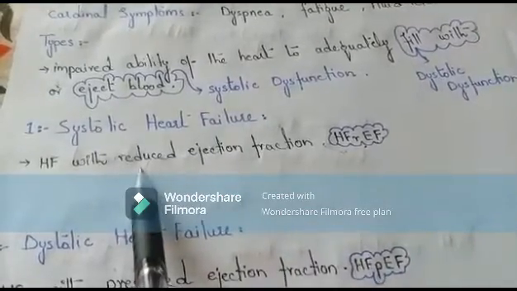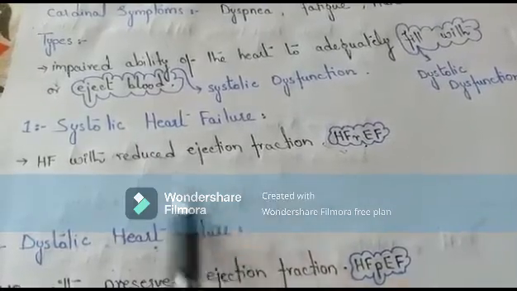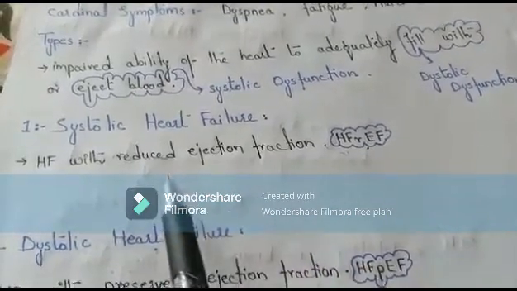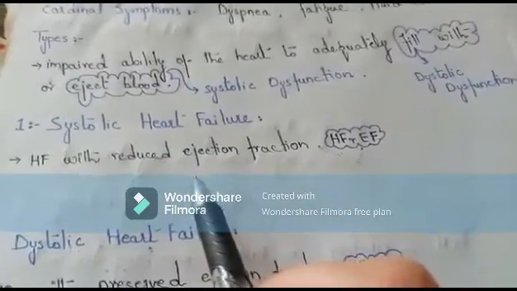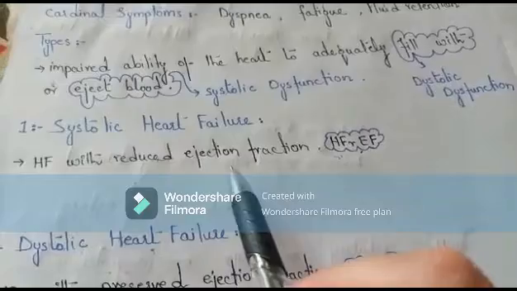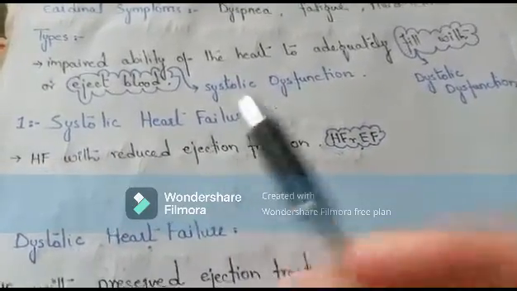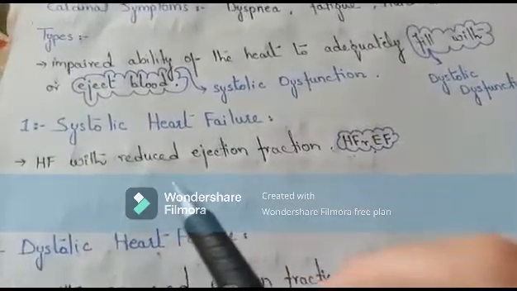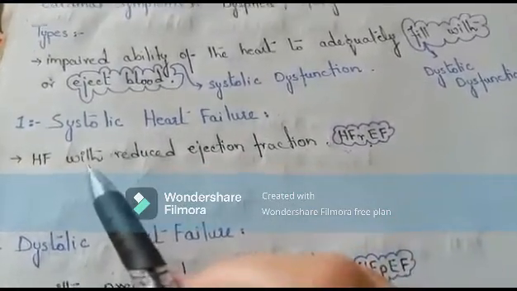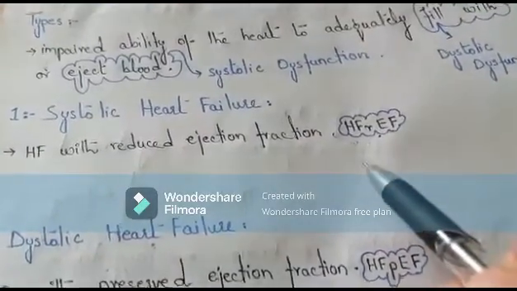Why is it called reduced ejection fraction? Because there is a problem in the pumping of the blood and the forceful contraction of the heart, and that is why the blood is not pumped efficiently. This failure of the heart is called systolic heart failure, or heart failure with reduced ejection fraction.